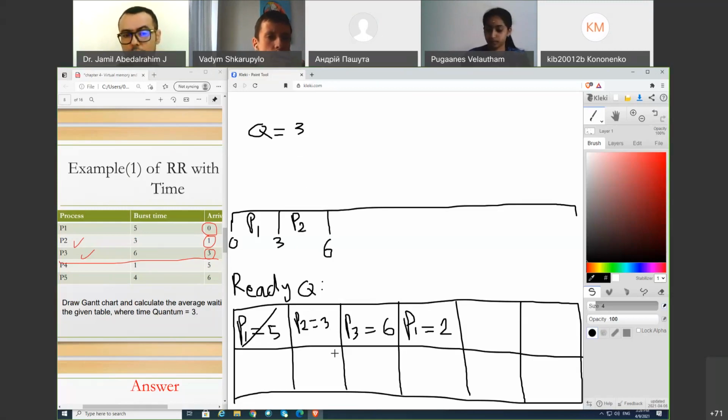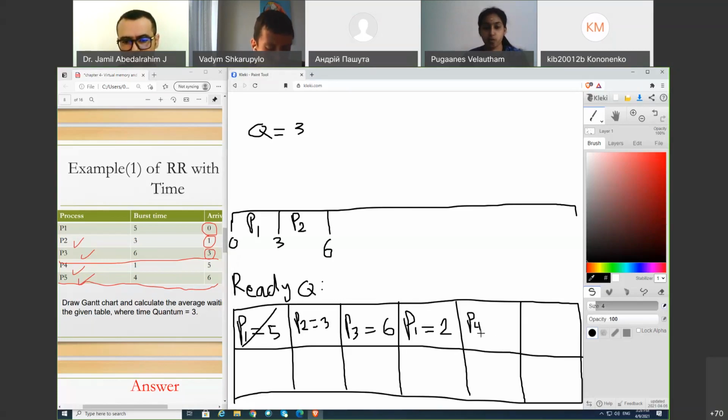Okay, so what is the step now? After we execute the current process, we check the table. We reach 6 units. So are there new processes at 6? Yes, we also got 2 new processes, P4 and P5. Then we write down the new processes in our ready queue table.